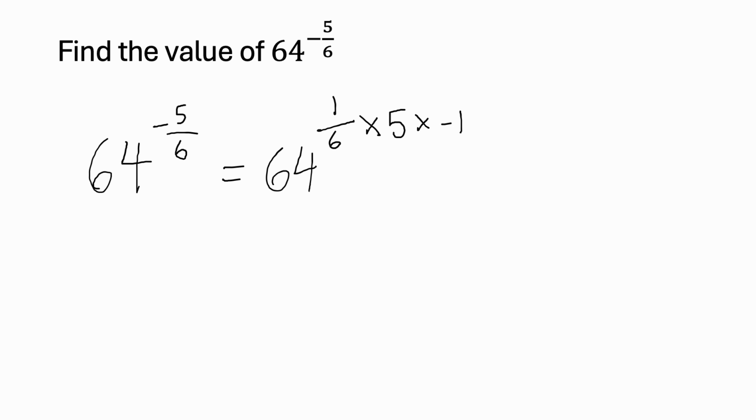So let's do it. 1/6 essentially means we have to find the 6th root of 64. 6th root of 64, I believe, is 2. Yep, 6th root of 64 is 2. So now that we've got that one done, we now work out what 2 to the power of 5 is. 2 to the power of 5 is 32.